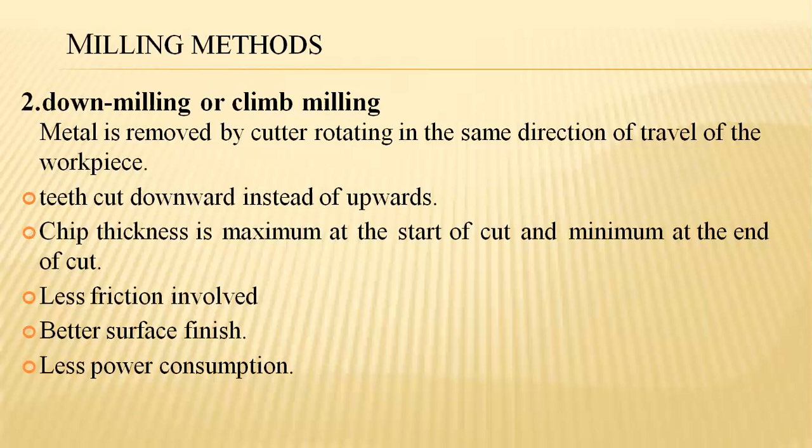But in the case of the downstream, the work part which needs to be machined also moves with respect to this cutter tool, which is rotating clockwise, and upon friction it will produce a large thickness of material over the work part at the initial state, and later on it will decrease in thickness.